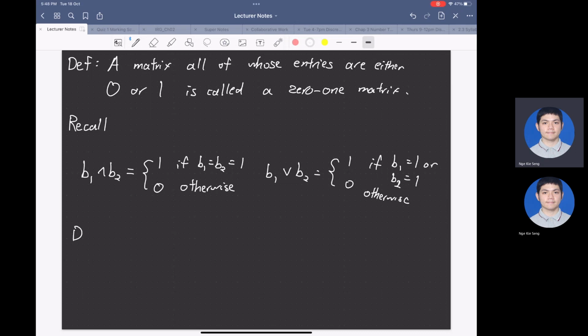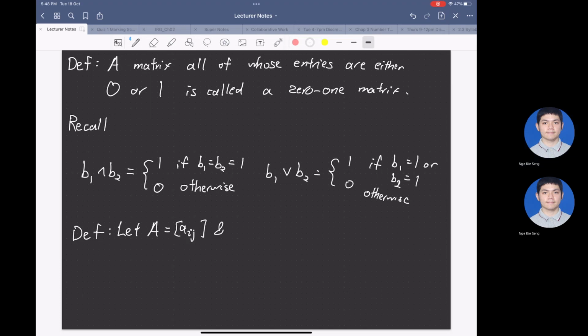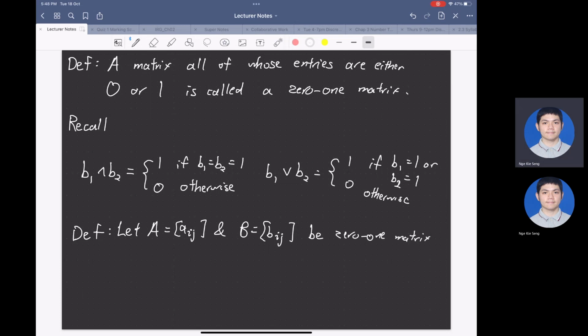In this case, you can also define the following. Let A and B be 0-1 matrices.